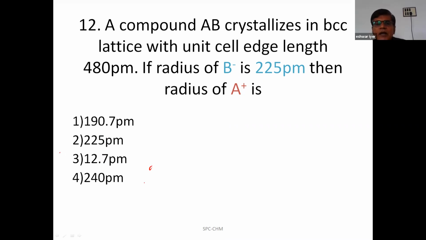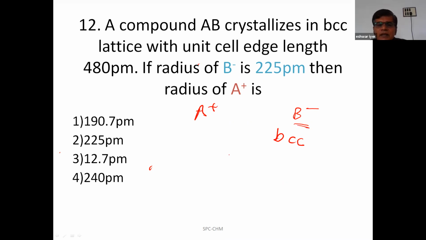That is A plus cation and B minus anion. So normally we say the radius of cation and anion, how do they arrange in BCC? For anion it is BCC, anion BCC means it is present in the corners of the cube as well as at the center of the cube.